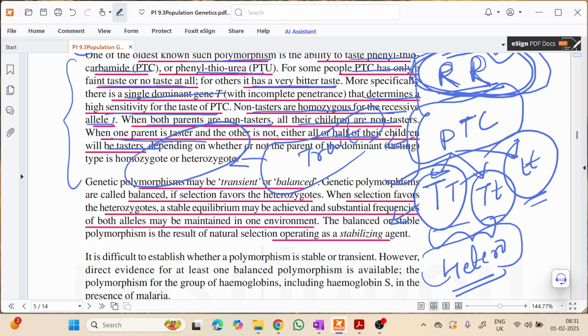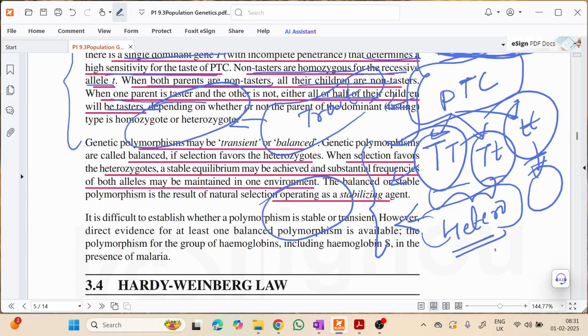In that case, the presence of one recessive will not have any marked effect on an individual. But if both are recessive, especially in this case, both homozygous, this will have some clear expression, either in the form of disease or, particularly in the case of PTC, it will manifest itself in the form of no taste at all.